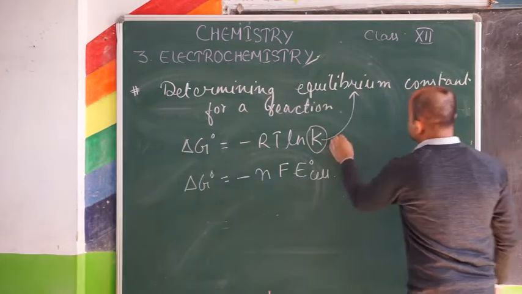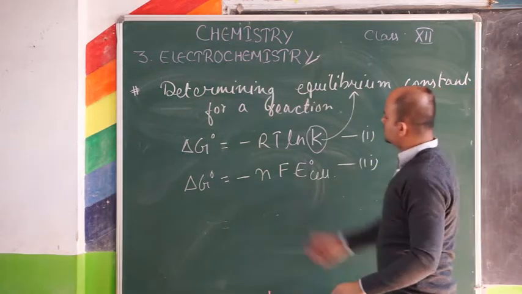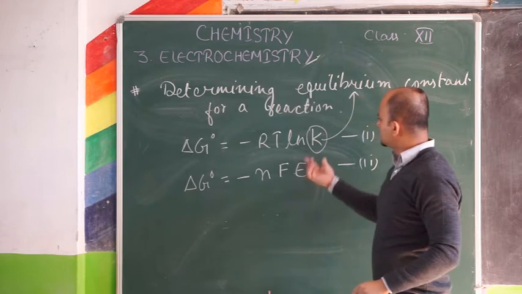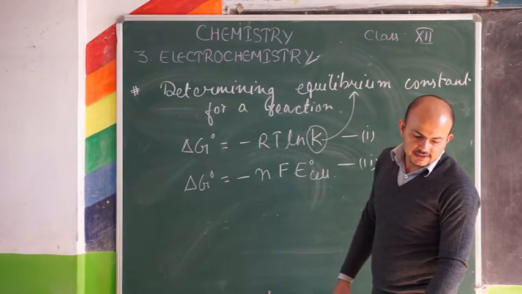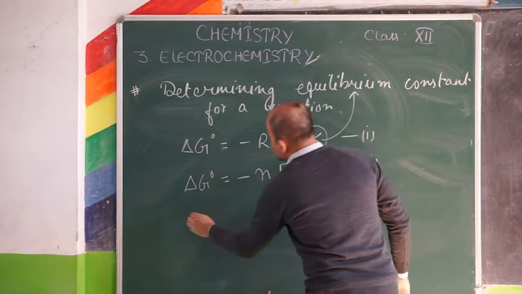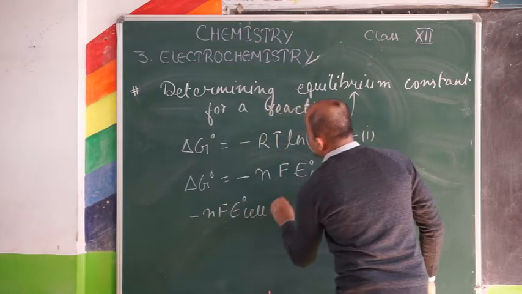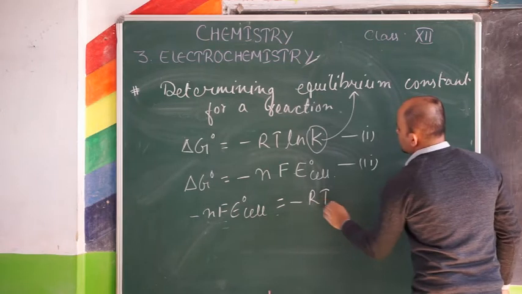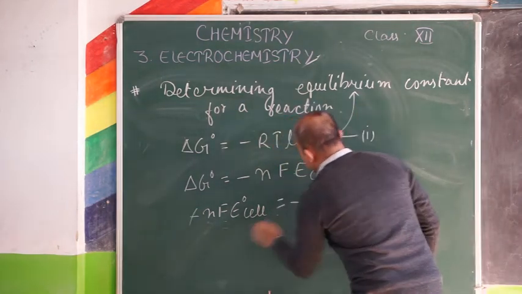These two equations, now if you combine them, you can get the value for the equilibrium constant. If you compare these two, it can be written as minus nFE naught cell is equal to minus RT ln K. Now this minus minus cancels out.